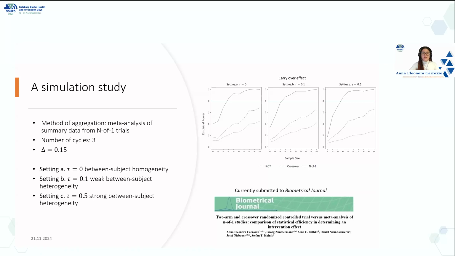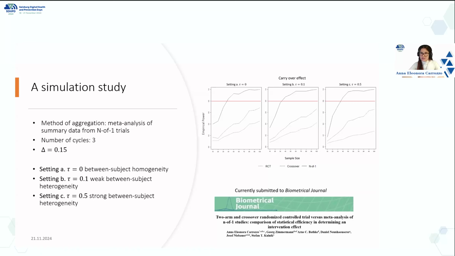And on the right side of the slides, we can see the results of this simulation study, where we reported the empirical power for the three different scenarios, for the three approaches, for different sample sizes considered on the x-axis.